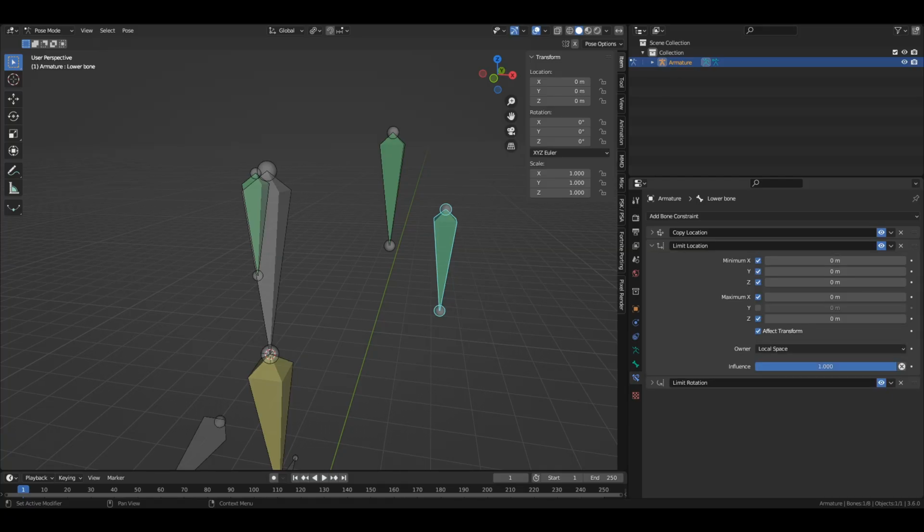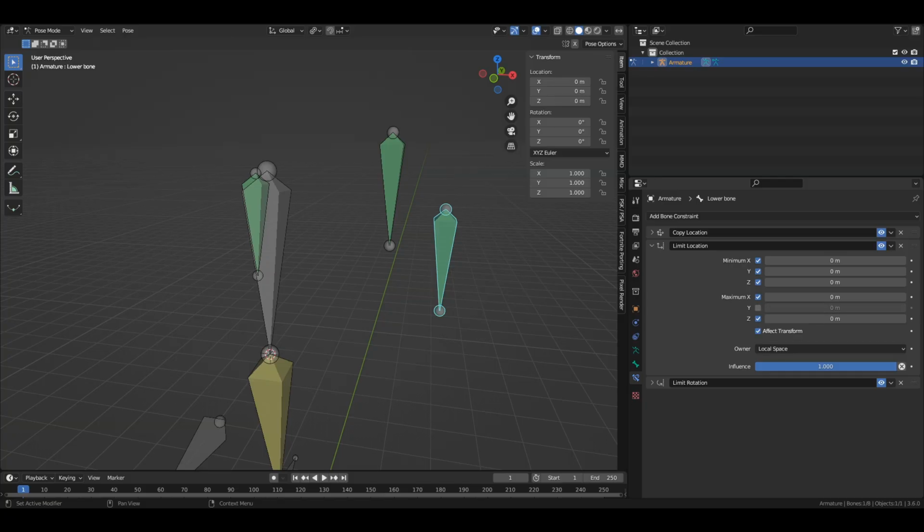Then we need to do a limit location. This case will be a different setup. In the limit location, you need to check all the minimum axes, so it has 0 on the higher one, so it doesn't move on the top. And also you need to check the x-axis and z-axis and remove this maximum here.